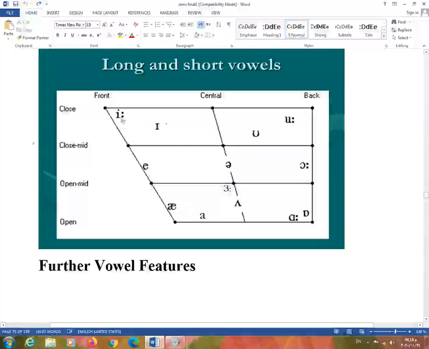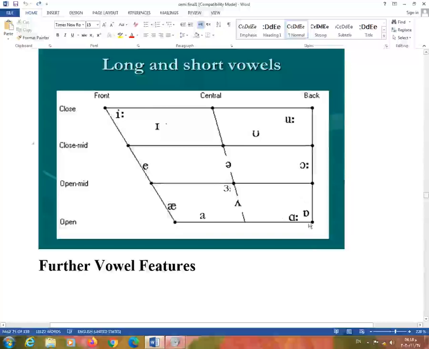So for example, E is a front closed vowel, A is a front closed vowel, A is a mid closed, mid open vowel, A is an open vowel, and then schwa, as you see, is central, and also close to it is another central vowel, which is mid-open and open, midway between both distances.